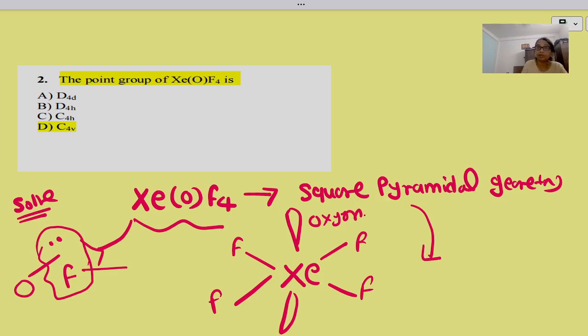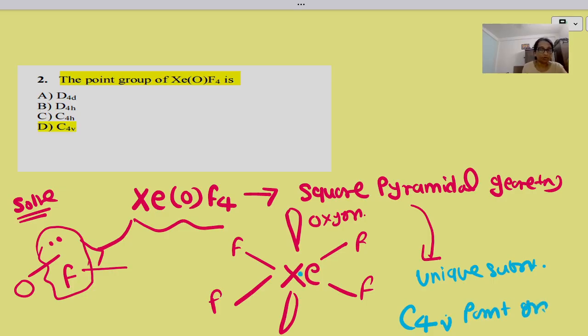According to the rules of point group theory, a square pyramidal molecule with a unique substituent on the axis belongs to the C4V point group.